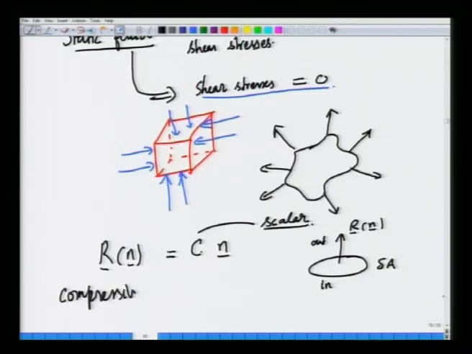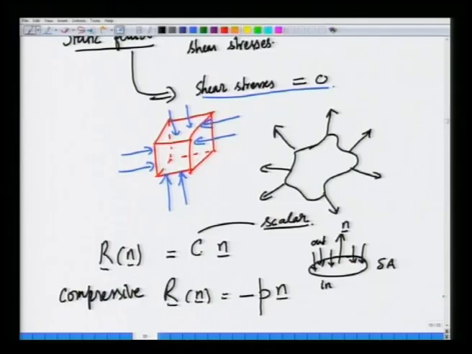That is, the force is acting inwards, while the unit normal n is pointing outwards, so the force is pointing in the direction of minus n. So, R of n is normally written as minus a scalar constant P times n, where this P is called the pressure.